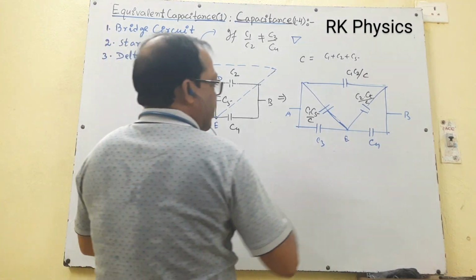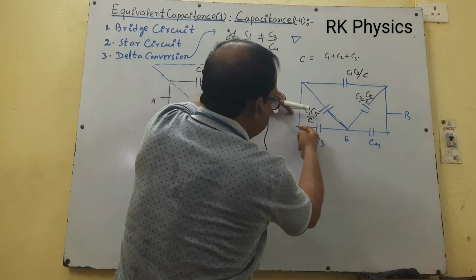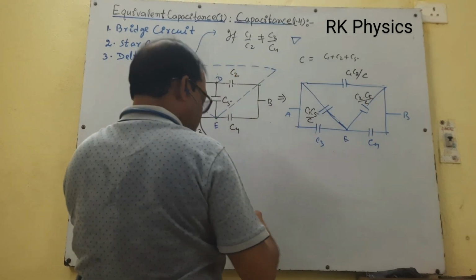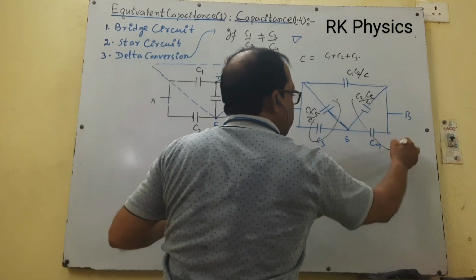Now assume these two ends are connected directly to this side, and these two are connected directly to B. So I think these two are parallel and these two are parallel.